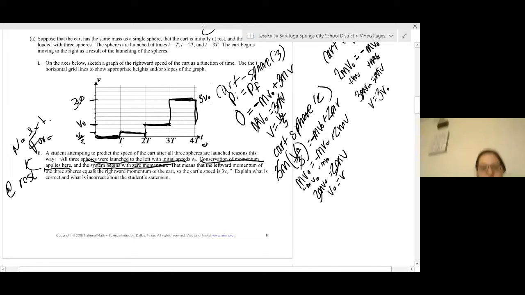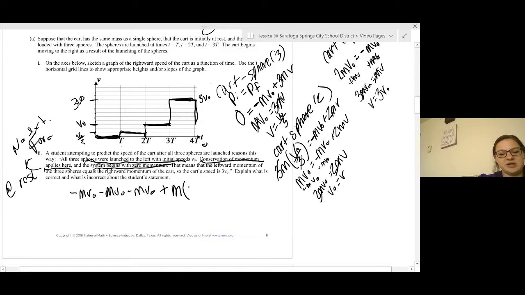So let's just do a mathematical equation real quick to see if that is correct. So after all the spheres have been launched, I realize I'm kind of off screen right now, they each have a momentum of minus mv0 because they all have a mass m and they're all launched at v0. So the student's saying, well, if momentum is to be conserved, then the cart of mass m should be moving at 3v0.